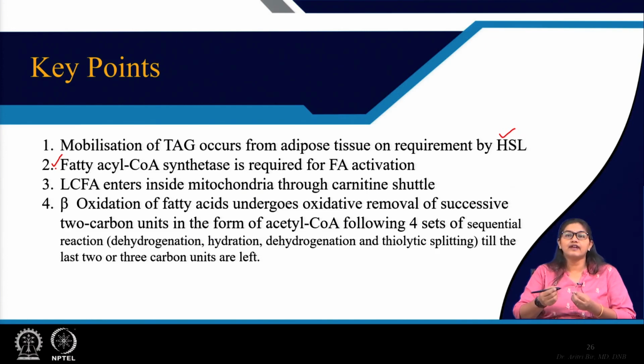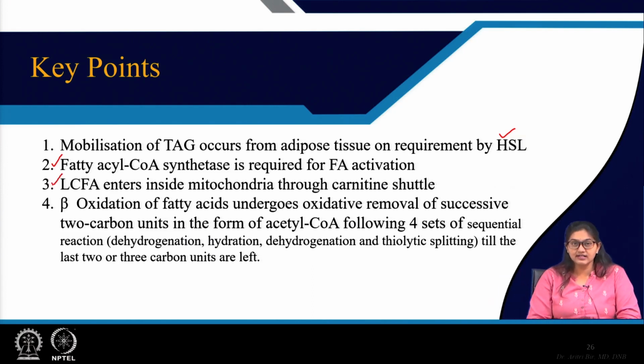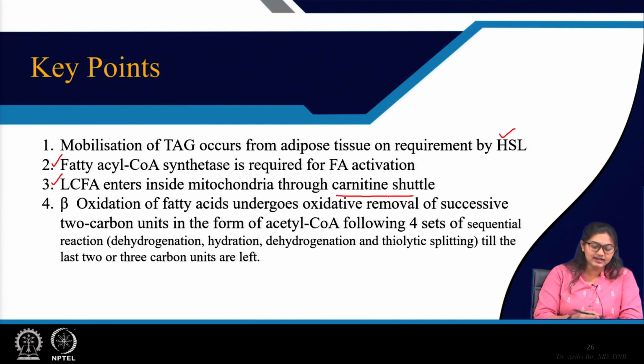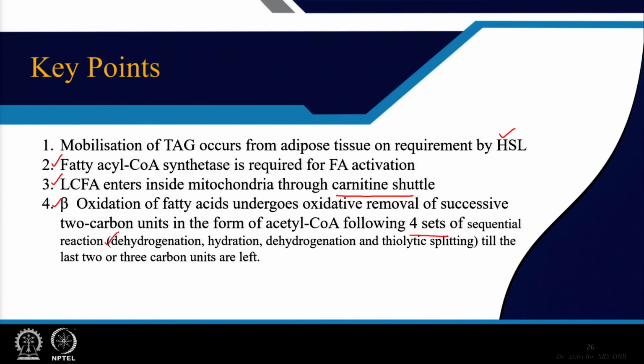Short chain and medium chain fatty acids can enter the mitochondrial matrix freely, whereas for long chain fatty acids a transporter is needed, and that transporter is the carnitine shuttle. Finally, there is beta oxidation. Beta oxidation follows 4 sets of sequential reactions of dehydrogenation, hydration, again dehydrogenation and thiolytic splitting, which gives sequential release of 2 carbon acetyl coenzyme A.